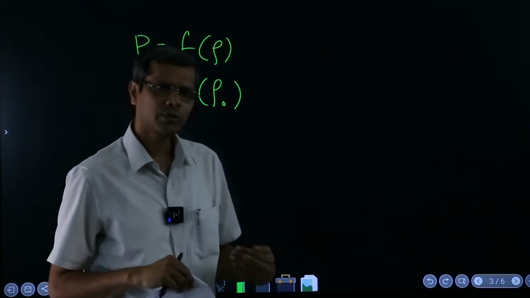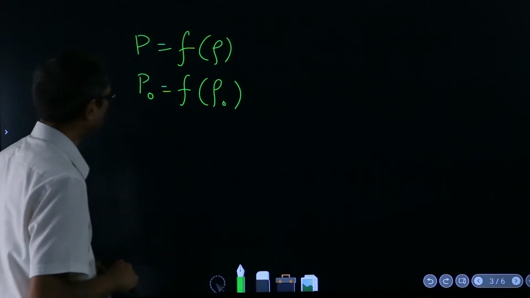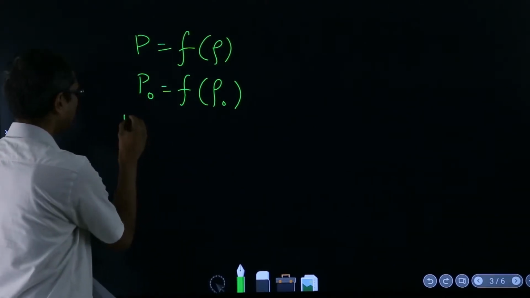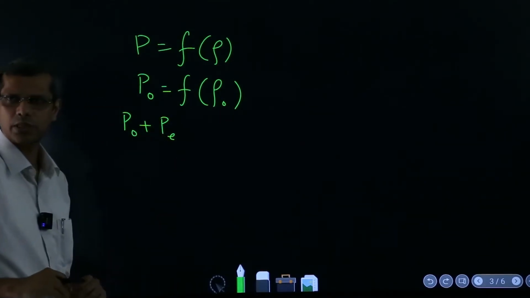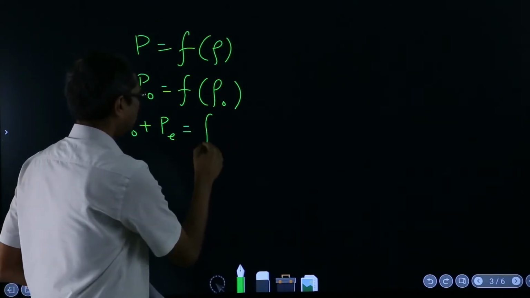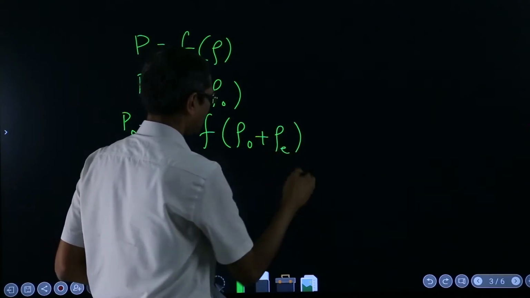But then as soon as the table moved or the sound wave reached a particular point, your P naught now has become some P excess has come into picture, and that F of rho naught, also rho plus rho excess, has come into picture.